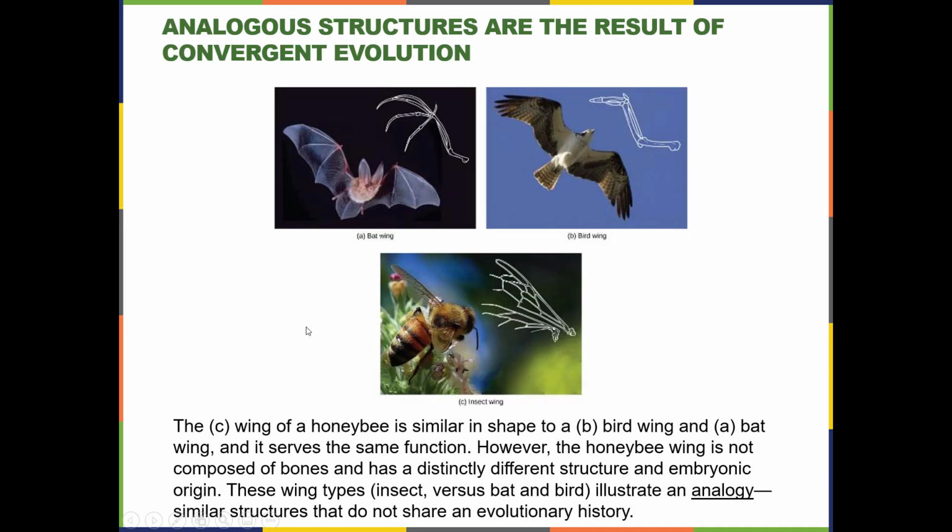Okay, then you have this other term. It's called analogous structures. Analogous structures are those structures that look similar superficially, but there is not a recent common ancestor that has the same structure. So here they have the bird wing and the bat wing.